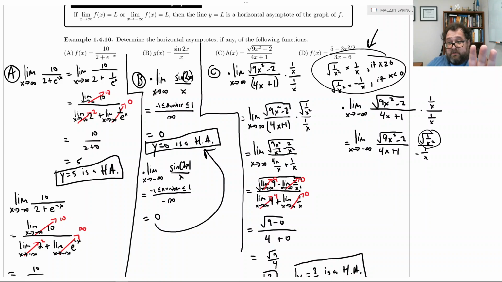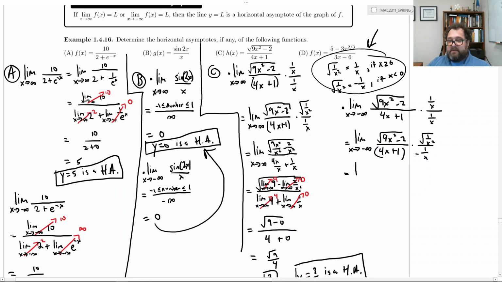Okay? Let's make sure you follow that. The top reduces to negative 1 over x because we're only working with the negative numbers. Why? Because we're taking the limit as x goes to negative infinity. So if the numerator here reduces to negative 1 over x, then I have to multiply by negative 1 over x over here so that overall, that simplifies to 1. Okay, so here we are. Distribute.